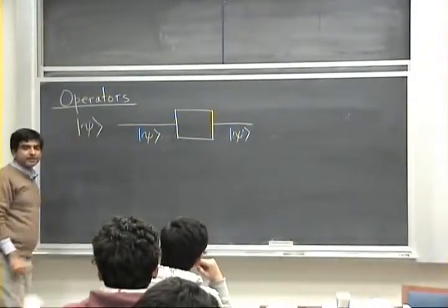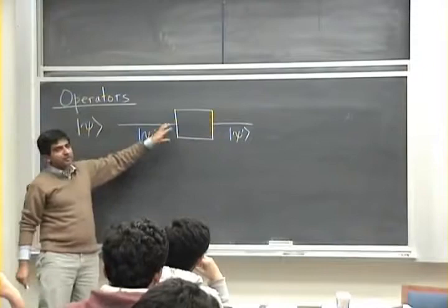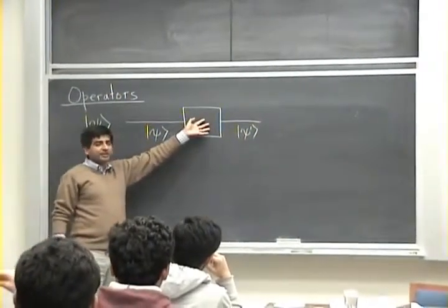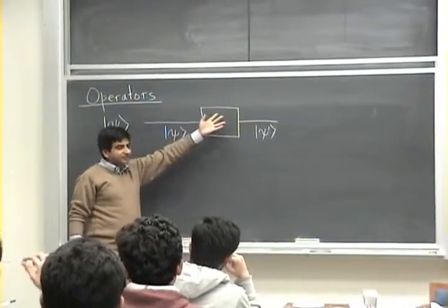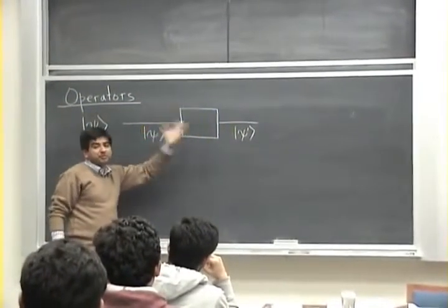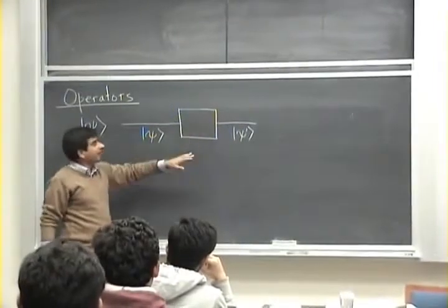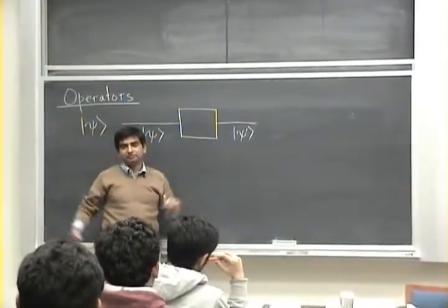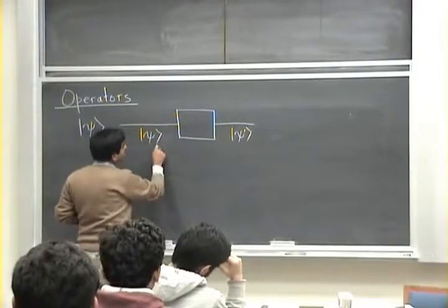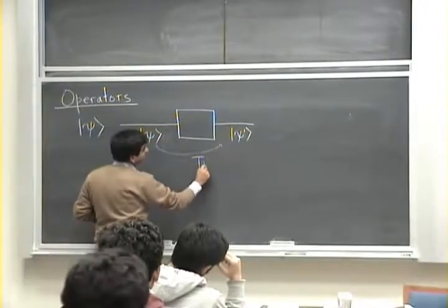Just like a photon that has a certain polarization state sees an optical element, a half-wave plate, a polarization beam splitter, a quarter-wave plate, or a beam block, or something, and a new state is prepared. So this original state transforms into a new state.